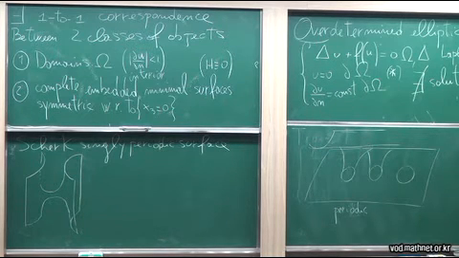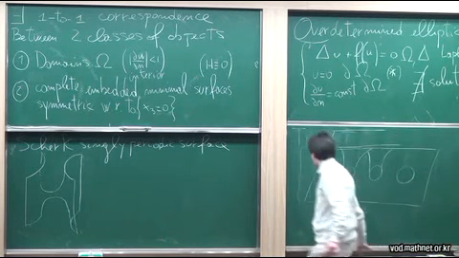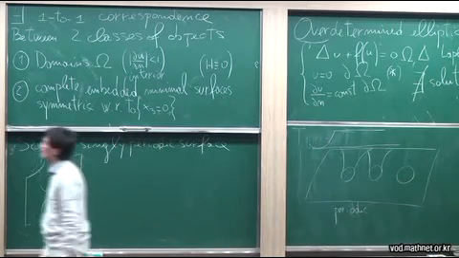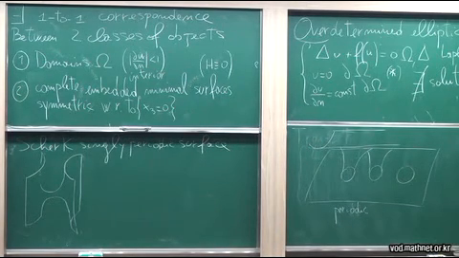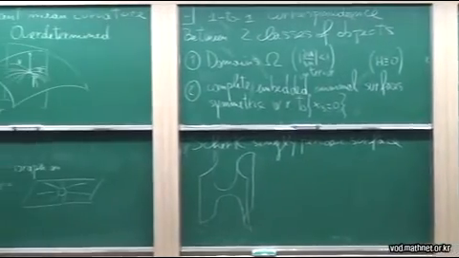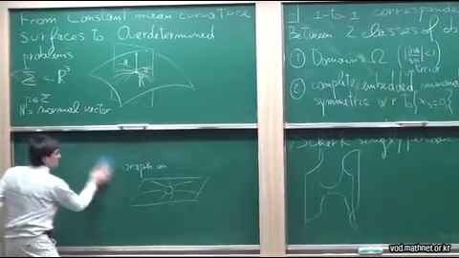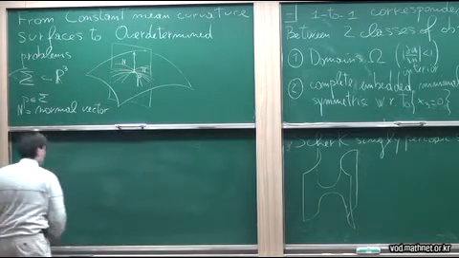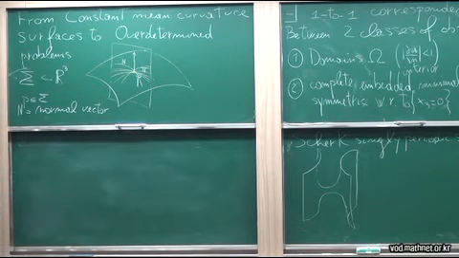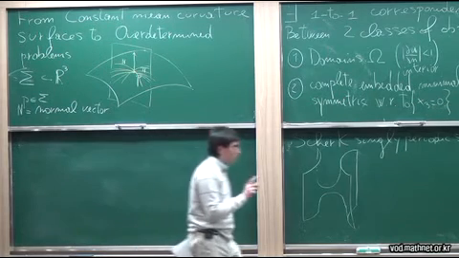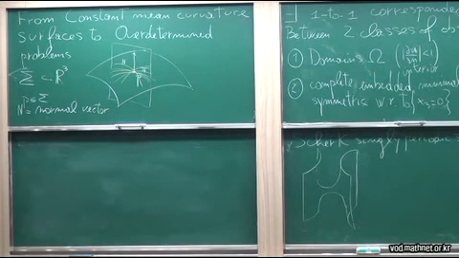Okay, so maybe one word about how this is proved, which I hope will also explain why this result cannot be proved, for example, in R^n with n bigger or equal than 3.